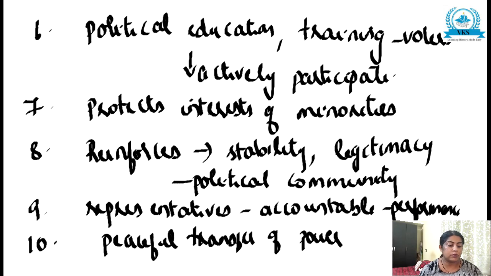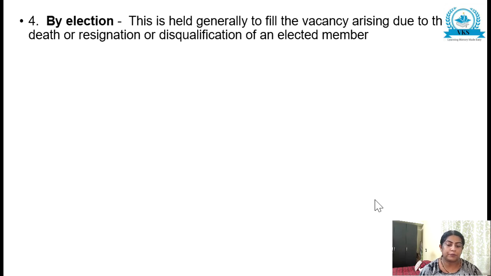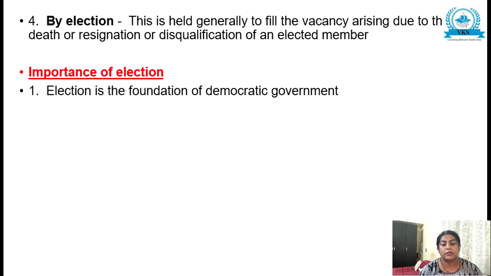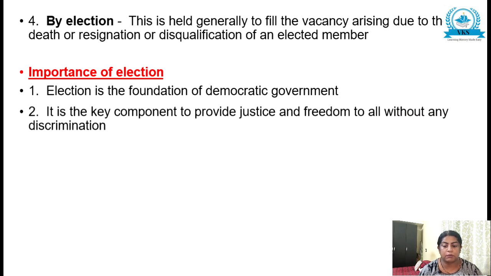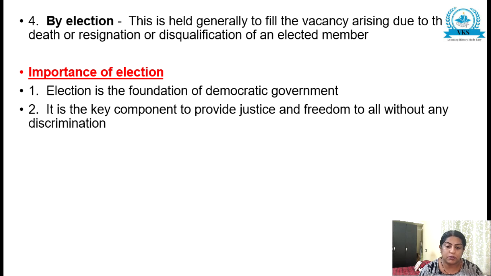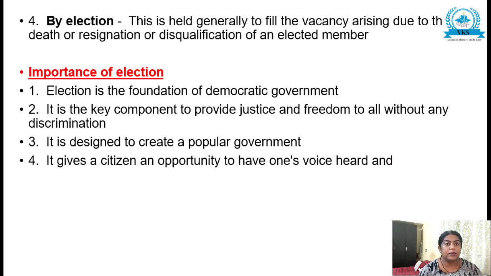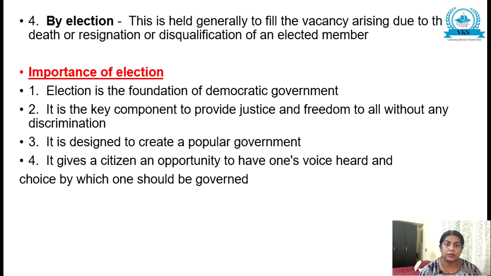So let us just go through the points which we have studied till now. Importance of election. Election is a foundation of democratic government. It is a key component to provide justice and freedom to all without any discrimination. It is designed to create a popular government. It gives a citizen an opportunity to have one's voice heard and a choice by which one should be governed.